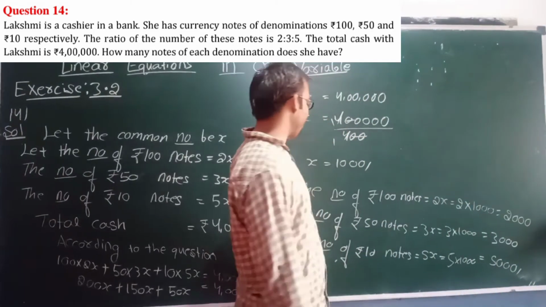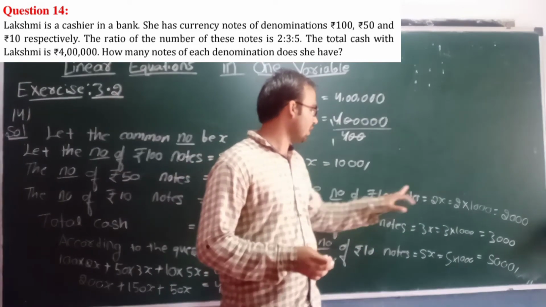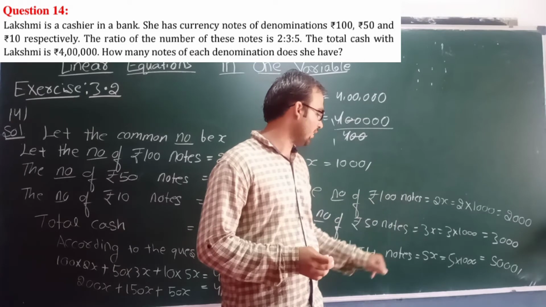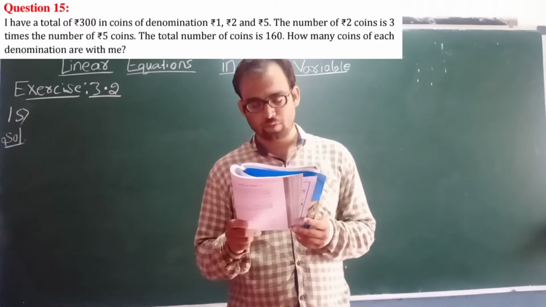Okay, students, so here 10 rupees notes are how much? 5000. Okay, so here 100 rupees notes are 2000, 50 rupees notes are 3000 and 10 rupee notes are 5000. Students, now let us see 15th question.